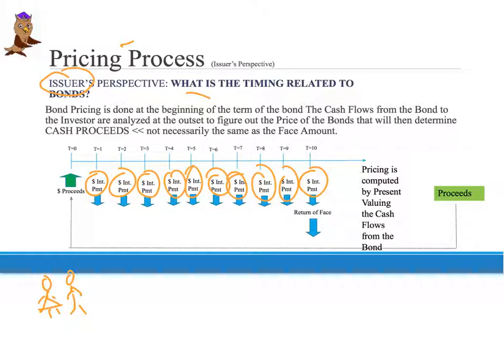Then the face itself is also returned to the investor at the end of the life of the bond. So in this case, there are 10 cash flows from the interest payments, and then one for the return of the face. The timing is always that way. You always have a cash flow related to the interest payments every period, and then you also have a return of the face at the end.